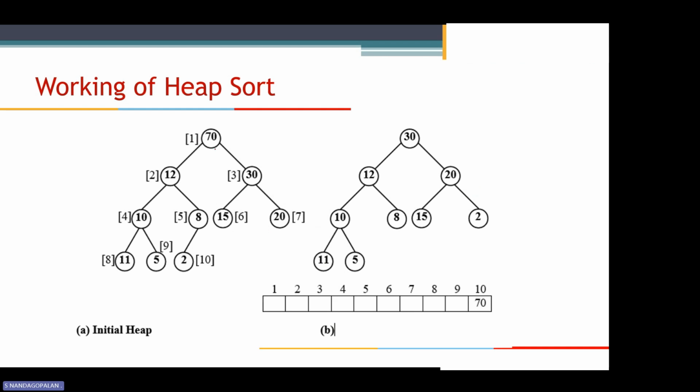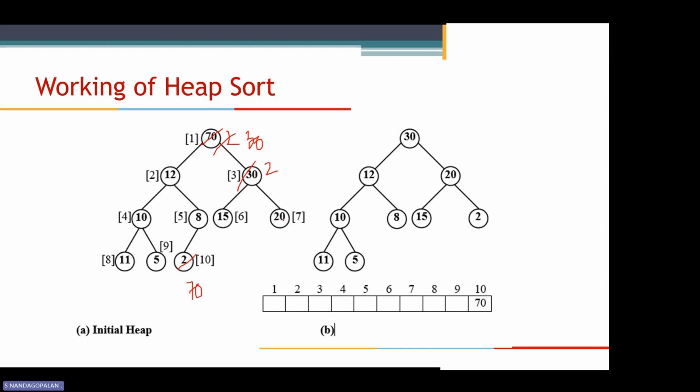So initially my A, then heapify. So this is a heapified version of my A. And my largest one is at root. So I'm just going to remove this, bring it down to the last position. So 2 will go here. Now it's not a heap, so 30 will come here. 2 will come here.